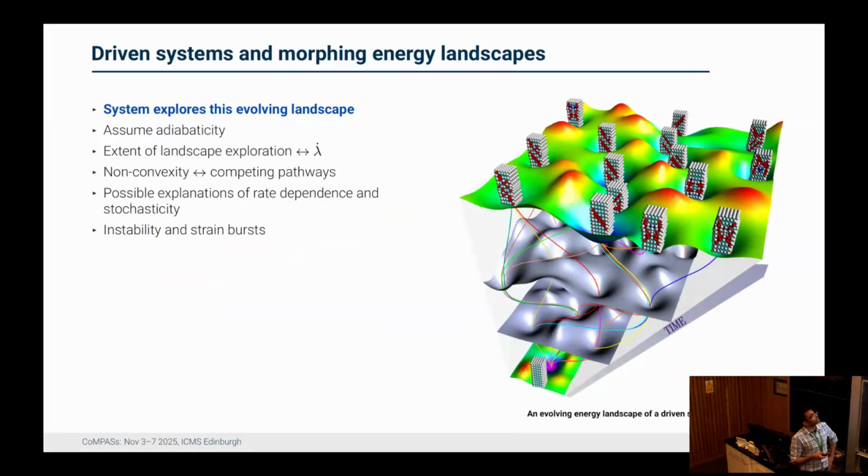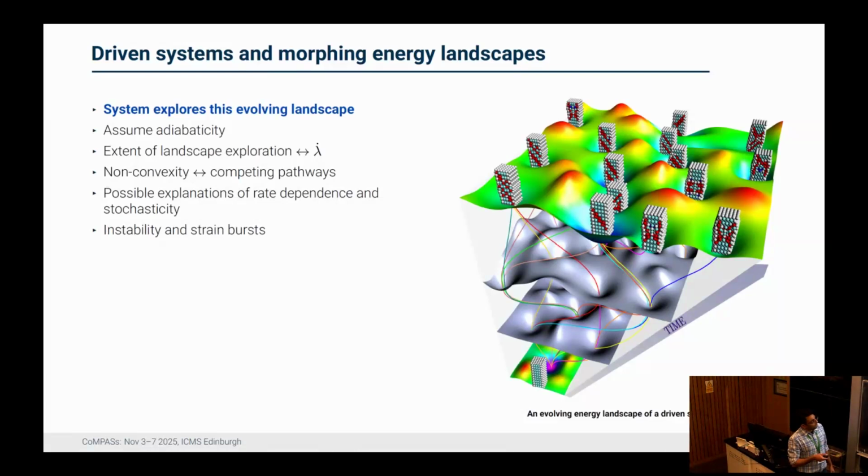The assumption is that we have assumed for this work adiabaticity in the sense that the boundary conditions do not alter the dynamics. So the dynamics on the surface of the PES does not feel the change in boundary conditions. Just like what we do with the Born-Oppenheimer approximation, we can also assume that.